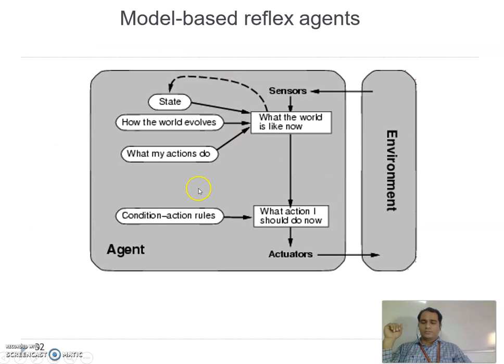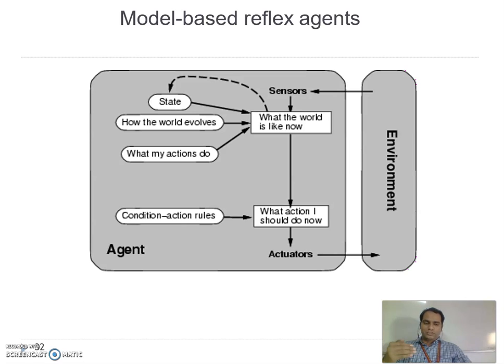Now, the next one is the model-based reflex agent, which tries to understand the state. Again, it takes inputs from the environment through the sensors and performs actions through the actuators, but in between, it tries to develop an idea of what the world is like now. So this is the current state. And then it thinks about how the world evolves: what is the next state, what is the successor state?